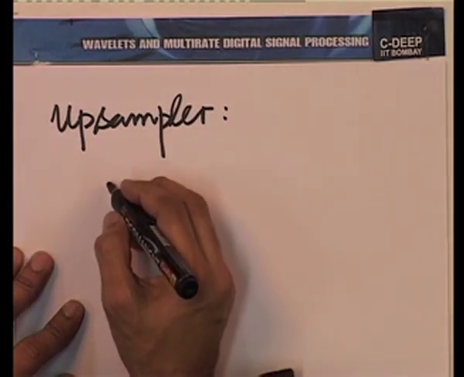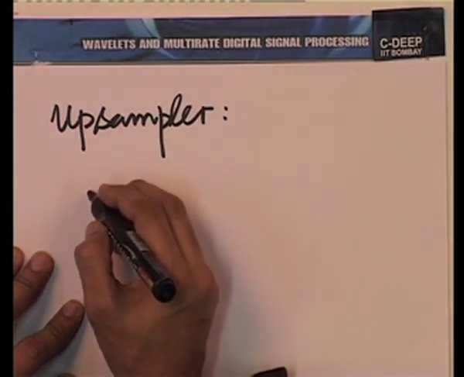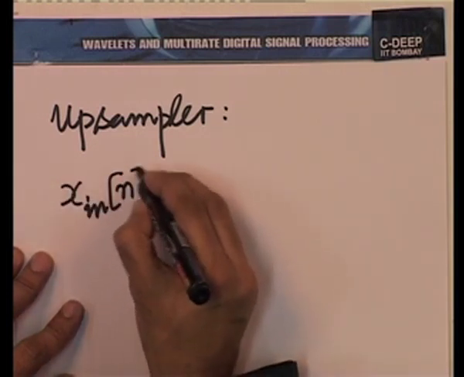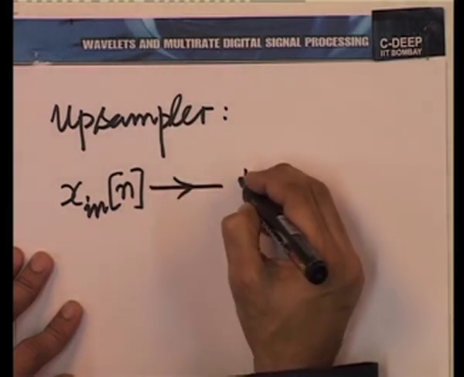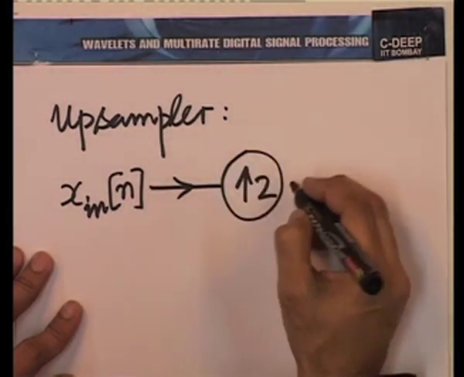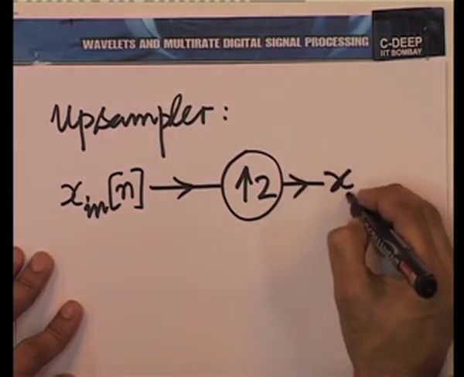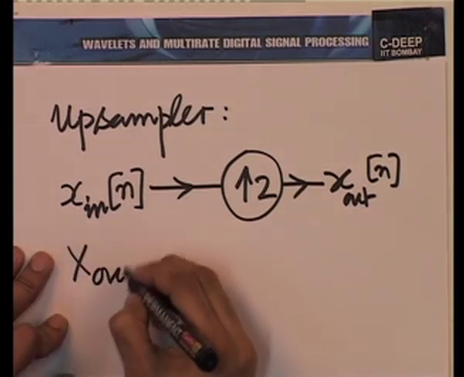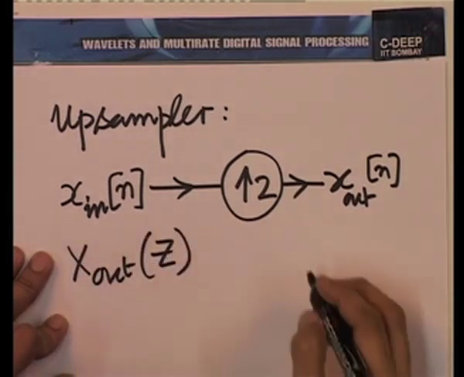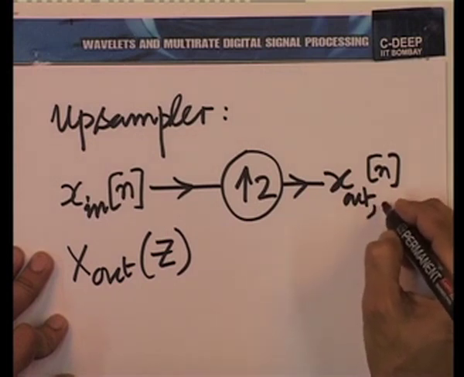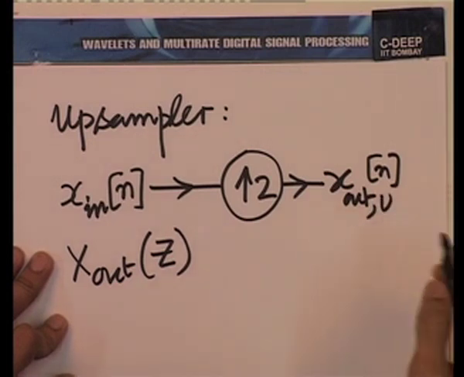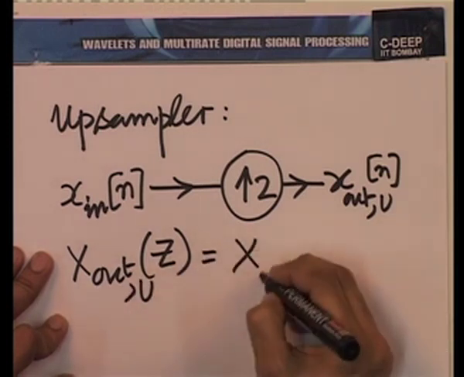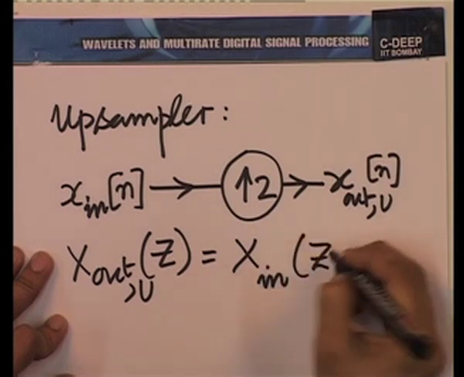We noted that if you have x in n going to an upsampler by a factor of 2 to produce x out n, then x out u z, where u denotes upsampling, is x in z squared.